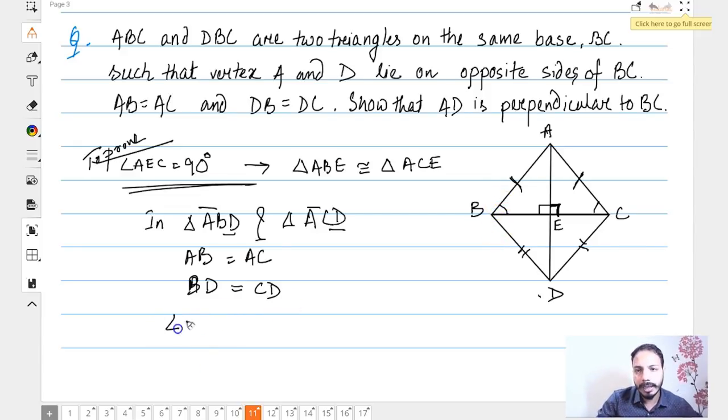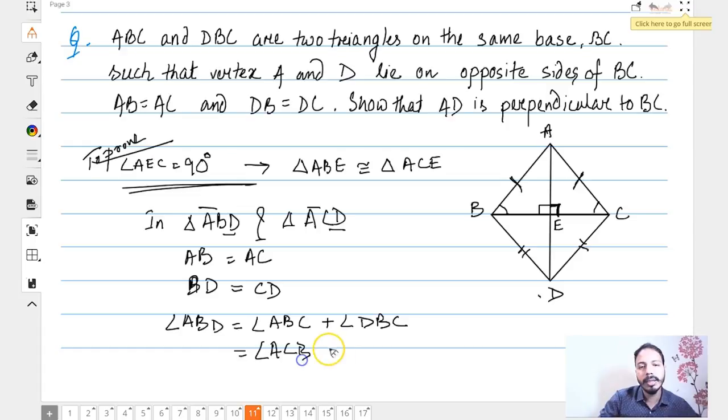So now angle ABD can be written as angle ABC plus angle DBC, and it's given that this side is equal to this side. So if this side is equal to this side, angle ABC is equal to angle ACB, right? So ABC can be written as ACB, plus angle DBC can be written as angle DCB, because this angle is also equal to this angle.